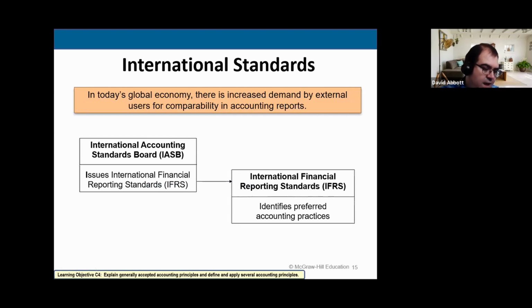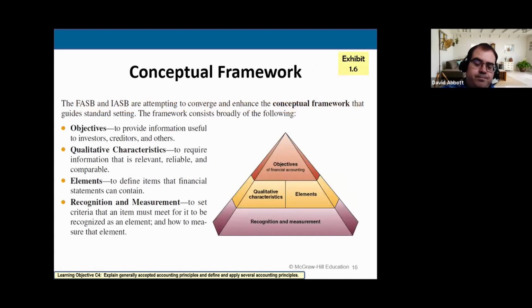So the FASB and the IASB are working to reduce the differences between US GAAP and IFRS. So we're trying to make things so that you can understand what's going on, even if you're looking at a business in another country.